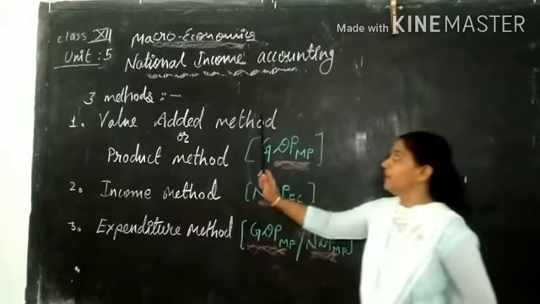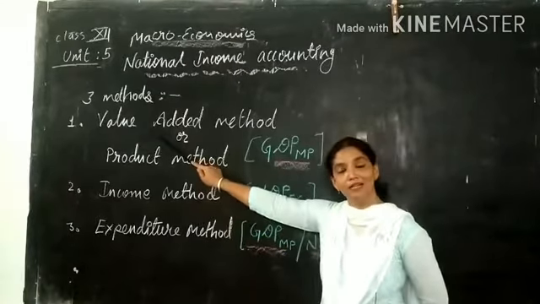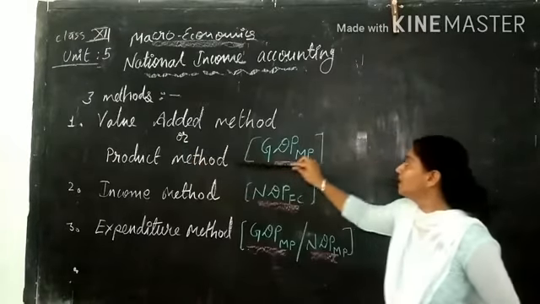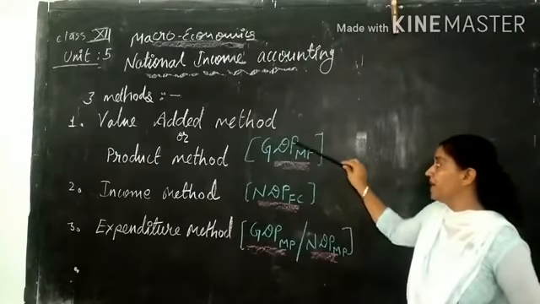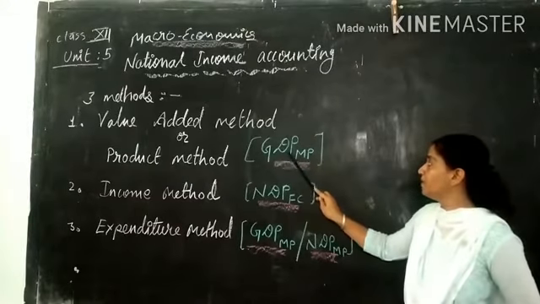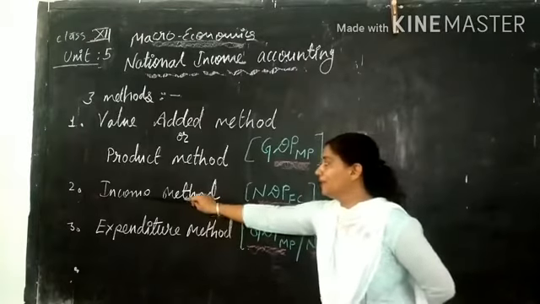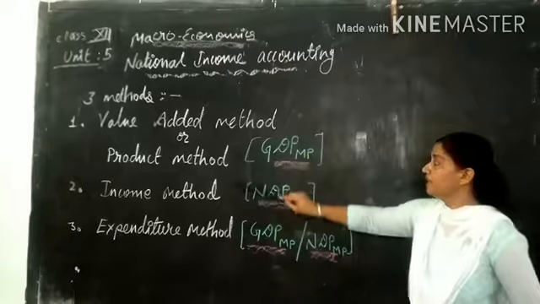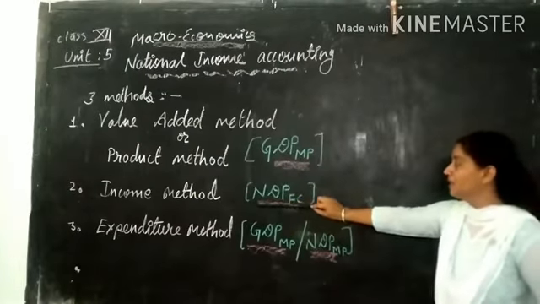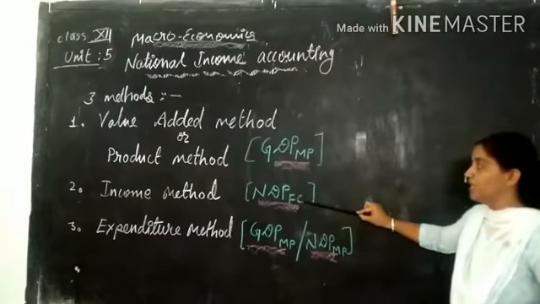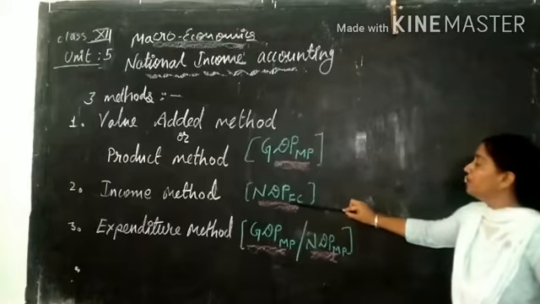The national income estimated with the help of value added method is in the term of GDP MP, meaning gross domestic product at market price. From income method, the national income is estimated in the term of NDP FC. Only this method gives you national income at factor cost.